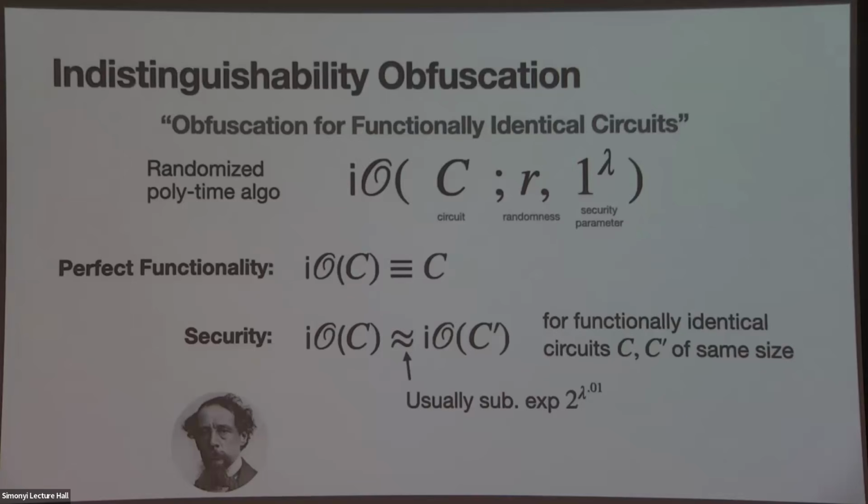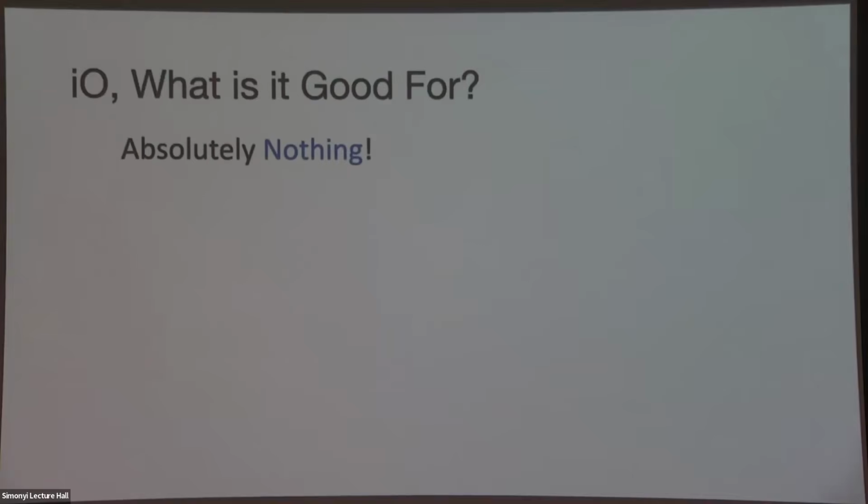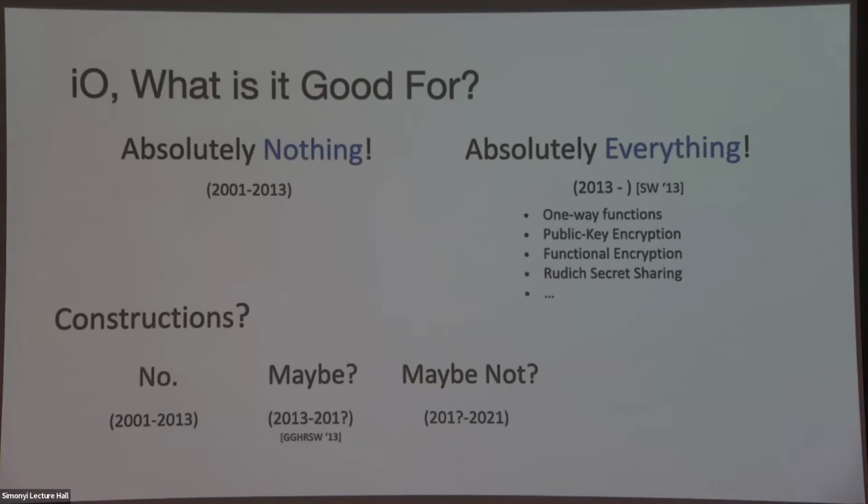Actually, what you're saying turns out to be a very good intuition. I won't tell you how this thing is constructed, but the way it's constructed is like a bootstrapping procedure where you say, if there was some way, given a circuit, to come up with an obfuscation that just beats the truth table bound, somehow slightly better.